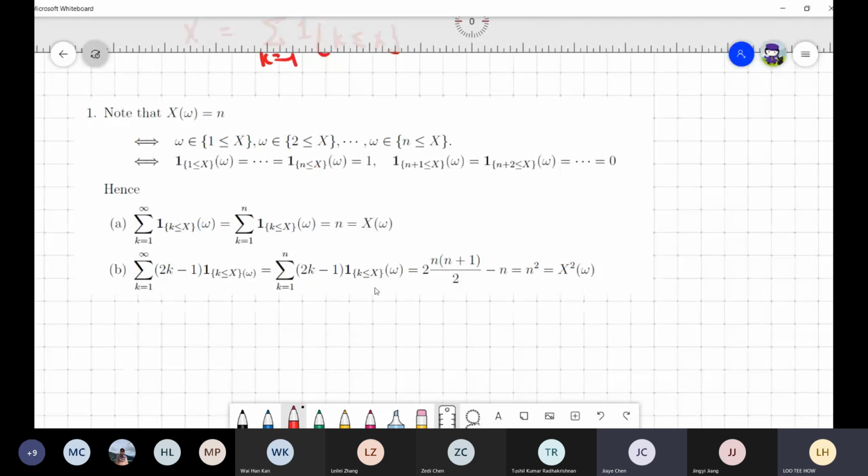If you look at this part, this will be equal to, we can take out the 2, summation k equals 1 to n of k, minus the summation k equals 1 to n of 1.